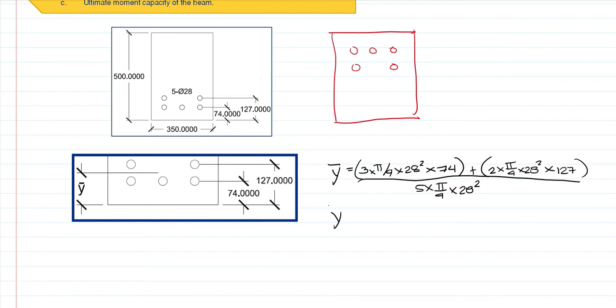So our y bar now will be equivalent to a value of 476 over 5. So this is in mm. So yan ngayon yung ating distance na y bar or yung centroid ng ating reinforcement.